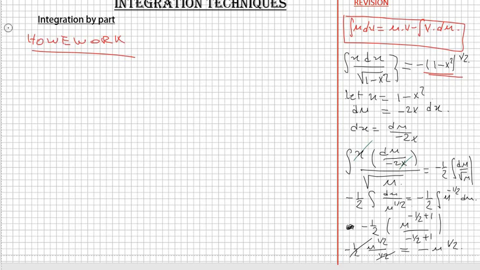Try number 5. Question number 5 is the integral of x to the power of 3 e to the power of 2x dx. Then you also do number 8, the integral of e to the power of x sine x dx.